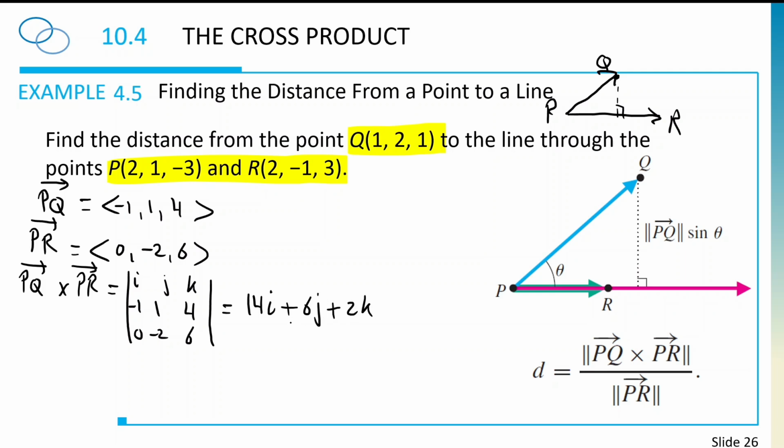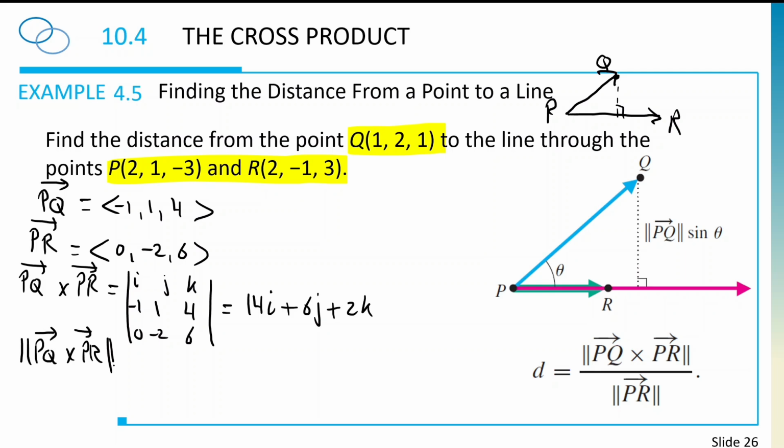Now what do we need? We're almost there. What I did so far, I found PQ, just terminal minus initial, and PR as a standard vector. Now the cross product is ready. The only part left is to have the magnitude for this vector. So what's the magnitude for the cross product PQ cross PR?